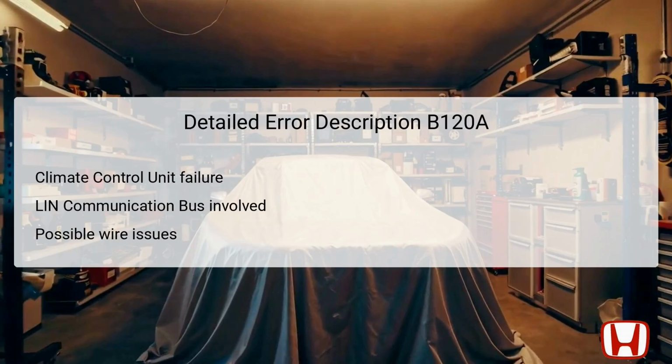The B120A DTC indicates a problem associated with the climate control unit, which is responsible for managing the vehicle's temperature and climate settings. This unit communicates via the LIN protocol, relying on a single wire, which helps control and monitor various climate functions. An issue occurs when the LIN communication goes into a bus-off state, likely due to malfunctioning wires or faulty components.